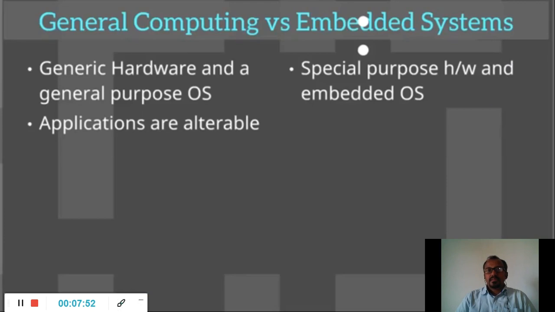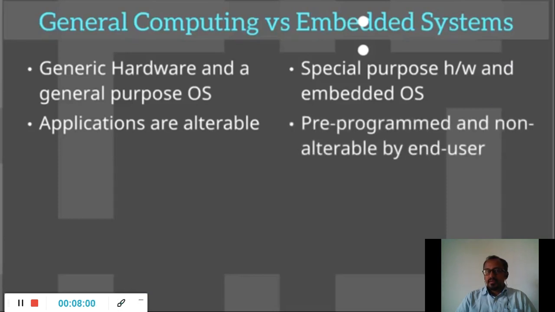Your embedded system, on the other hand, is pre-programmed and non-alterable by the end user. In a DVD player, the software cannot be used for engineering calculations. It is used only to read or write data.